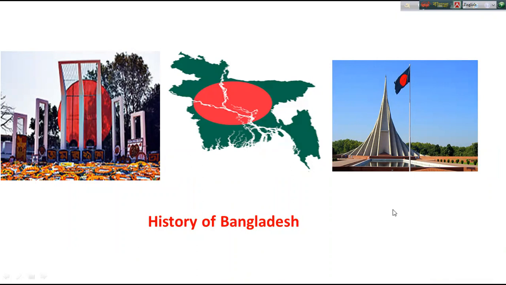So for writing that topic in your letter, you should gather some information related to that topic. So to write about Bangladesh, you should start by writing about the history of Bangladesh. You can write about our national days, about the independence of our Bangladesh.